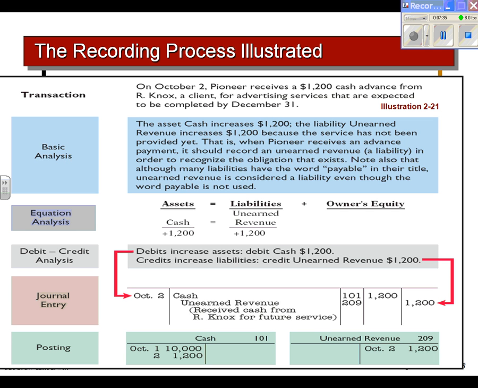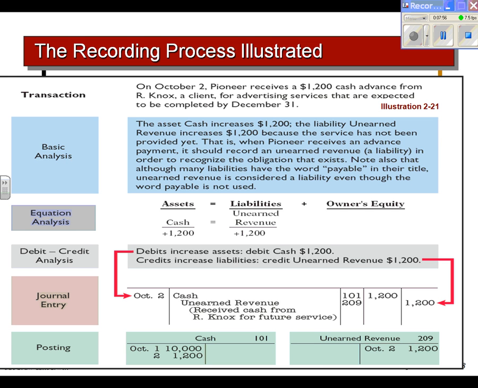Unearned revenue account is a liability. Liabilities are on the right side of the equation. If I increase a liability, I'm going to credit it. Right means credit. So I'll credit it for 1,200. Also notice every journal entry, my debits and credits balance: 1,200 debits, 1,200 credits.